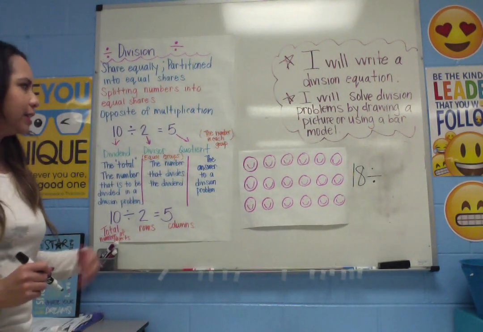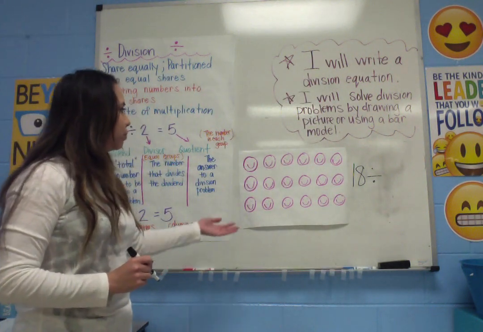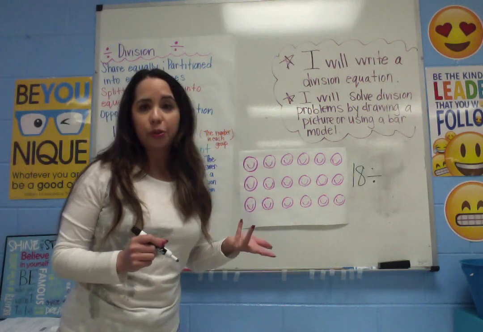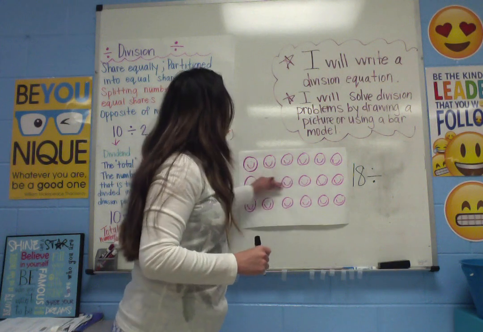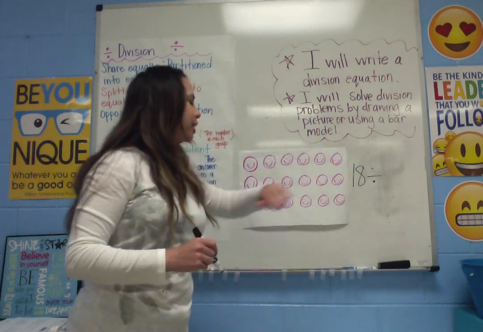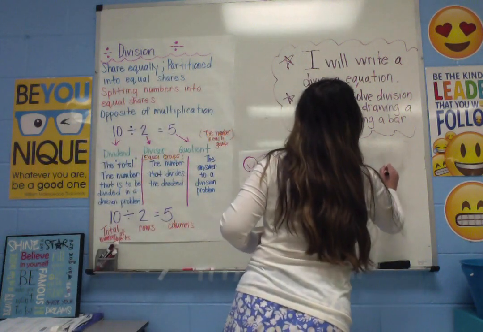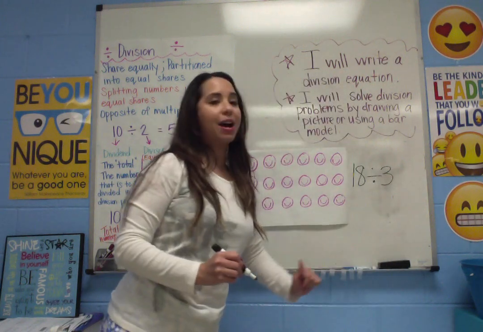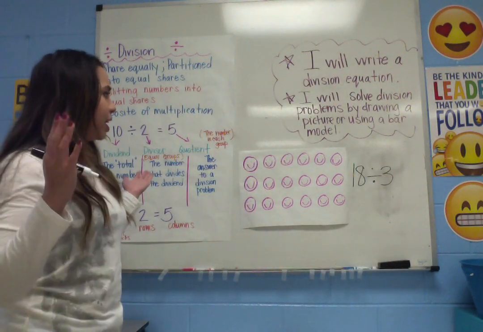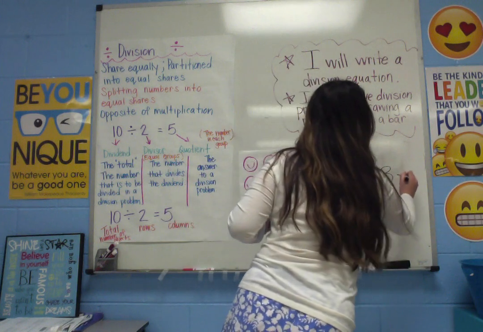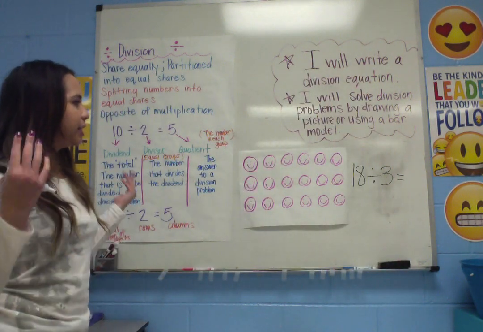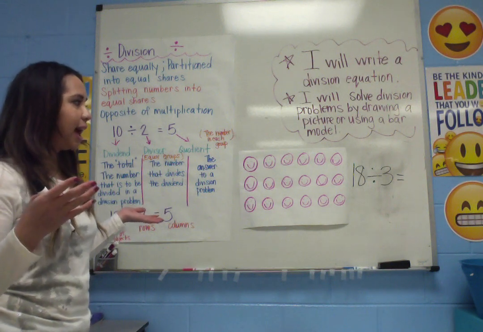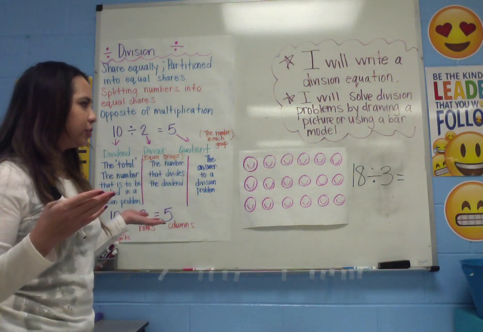So 18 total smiley faces. 18 divided by, well, let me see, equal groups represents the number of rows. There are 1, 2, 3 equal rows, so 18 divided by 3. 3 is my divisor. The answer, the quotient, represents the number of columns, or how many smiley faces are in each row.